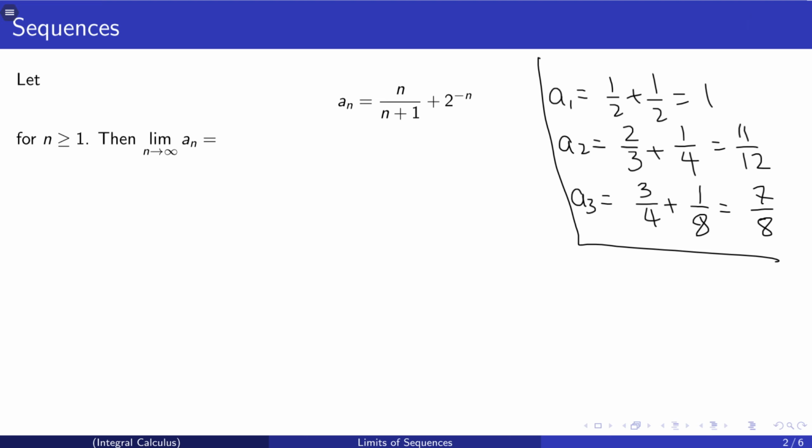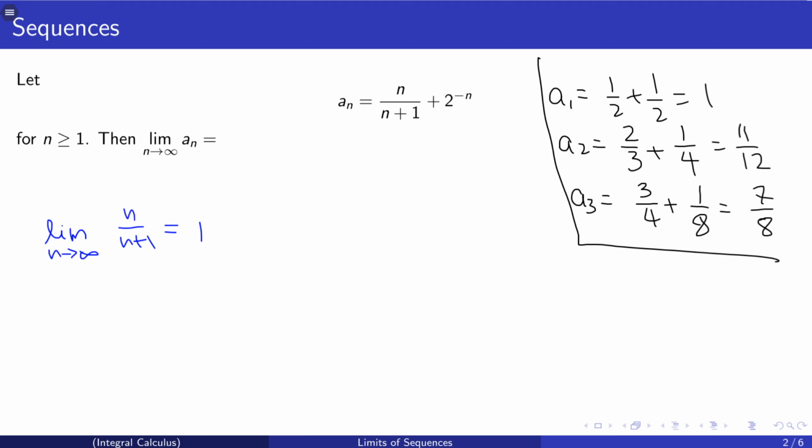But what we really want to know here is, what happens as n goes to infinity? Do we even know if this is convergent or divergent? Now, remember from the previous examples we did that the limit as n goes to infinity of n over n plus 1, we said that it looks like it's getting closer and closer to 1 as n grows larger and larger.